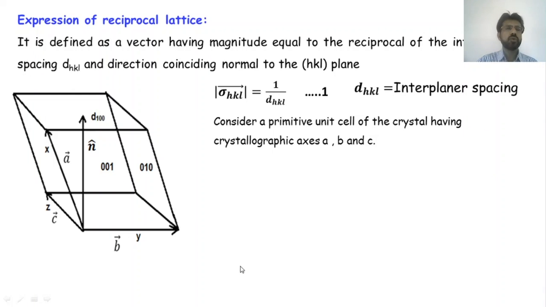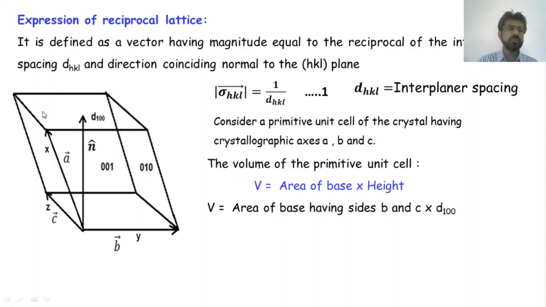Now, for obtaining the relations, you have to consider the primitive unit cell of the crystal having the crystallographic axes, say a, b and c along the X, Y and Z axes. The volume of the primitive unit cell is nothing but the area multiplied by the height.